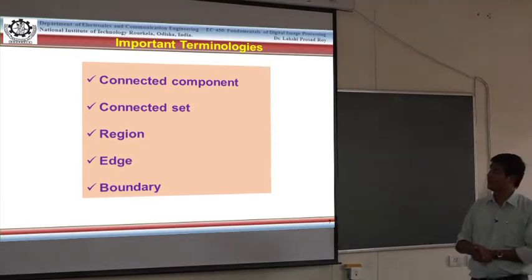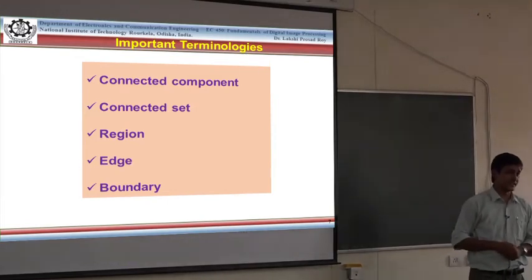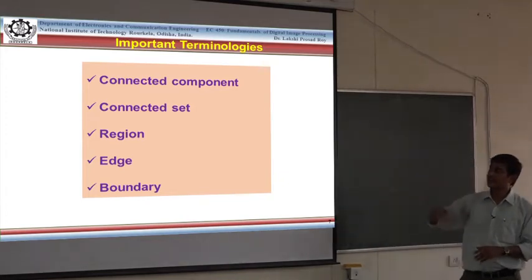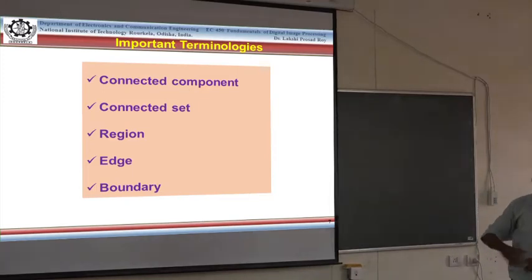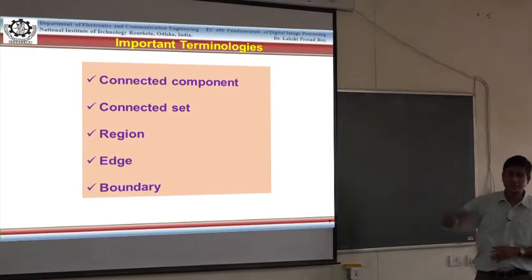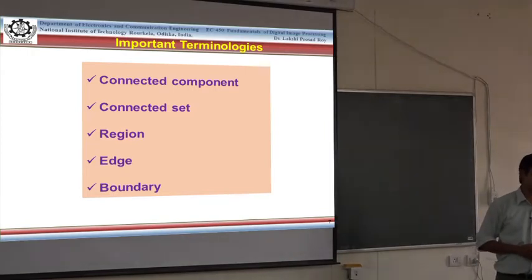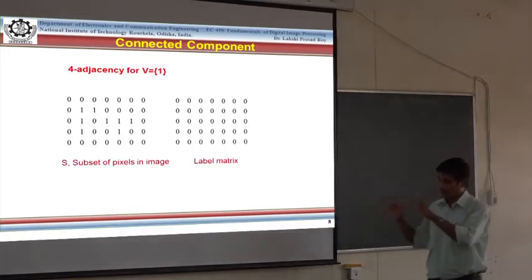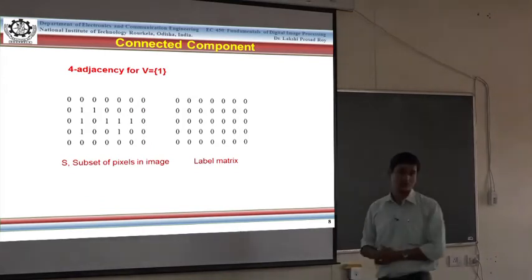Using those ideas, we will like to know a few terminologies which are relevant to our image processing. First is connected components. Second one is connected set. Third is region. Another one is edge, and then boundary. Let us see which way they are defined with the ideas we have acquired just now.